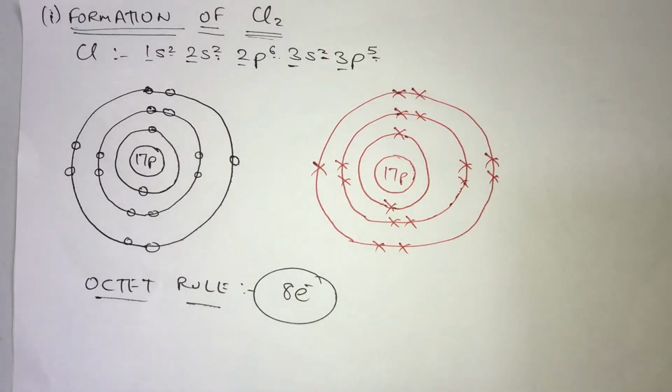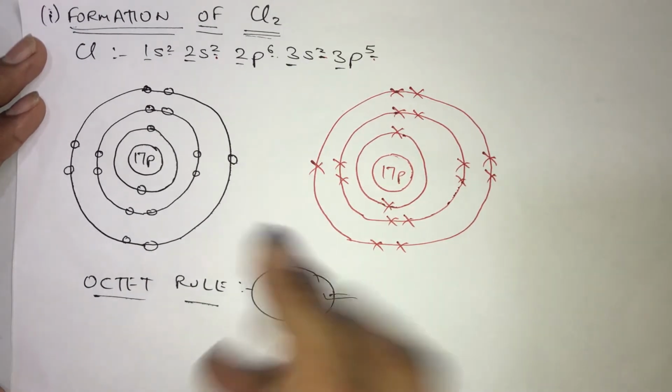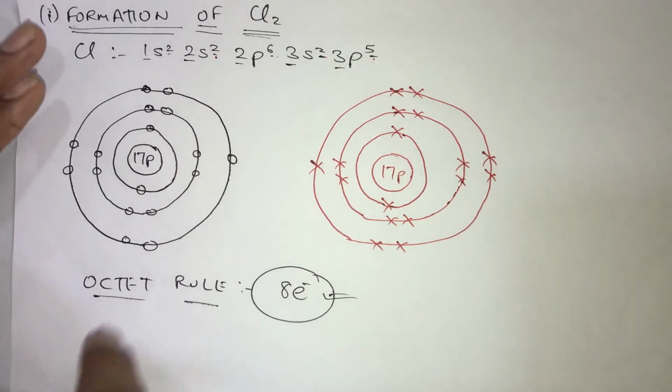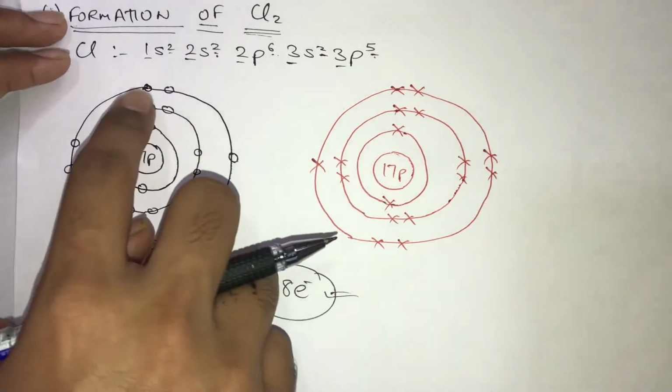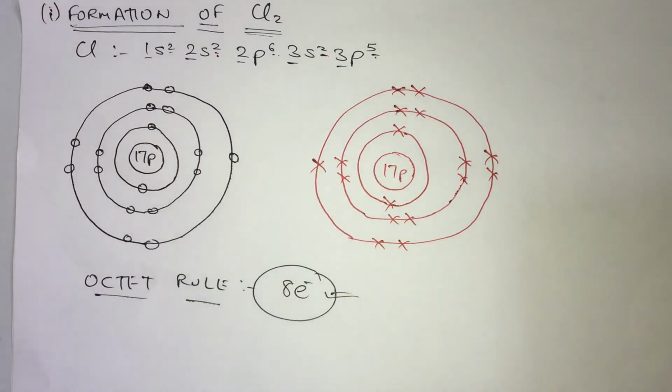Okay, so we have understood one thing, that to be stable there must be 8 electrons present in the outermost energy level. But here if you observe, in both of these chlorine atoms there are only 7 electrons present in the outermost energy level.